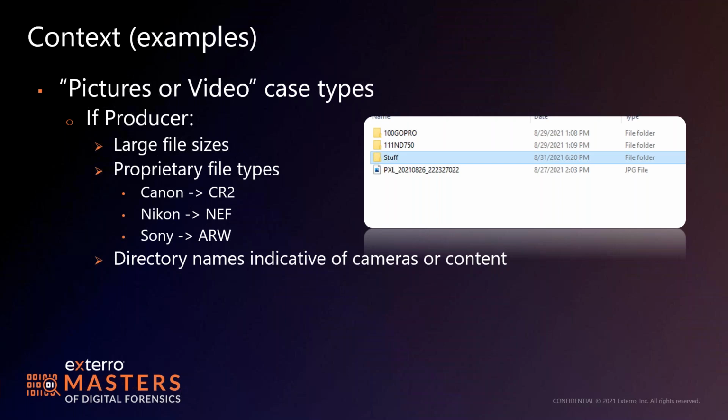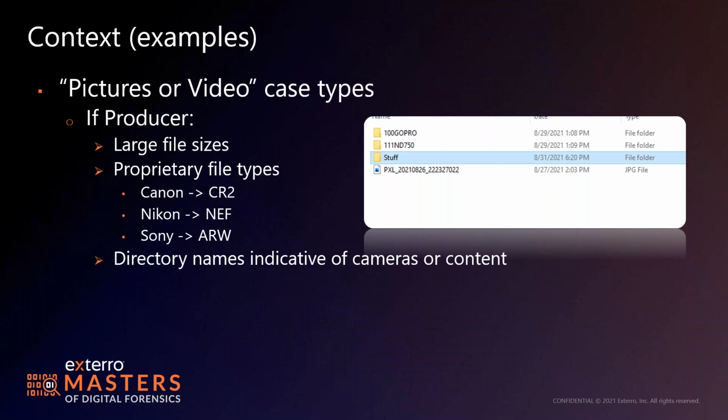All right, I listed a few here. If you're using the RAW formats, which is your highest picture quality in most situations, Canon still uses a CR2 extension. Nikon uses an NEF. Sony uses an ARW. What I will call your attention to in the screen capture, though, is that directory content, directory names can also be indicative.